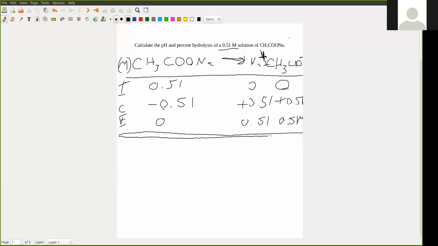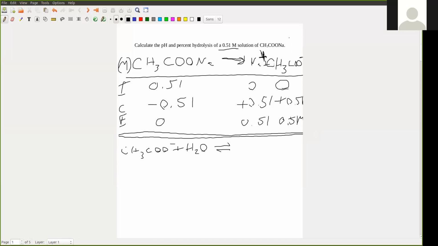So we need a new reaction, which is just the acetate ion plus water, and that's going to be in equilibrium.